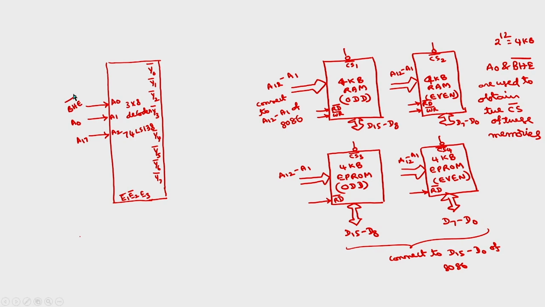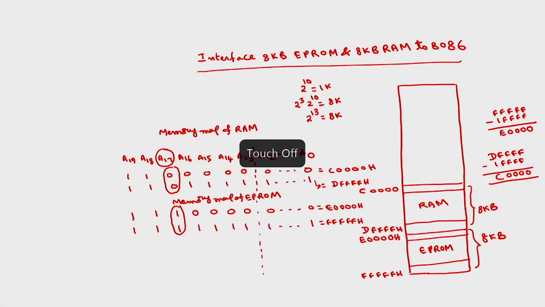Then what about the remaining address lines? The remaining are A13, A14, A15, A16, A18 and A19. A18 and A19 are always ones only. In case of EPROM, A13 to A16 are zeros in the starting address and ones in the ending address.